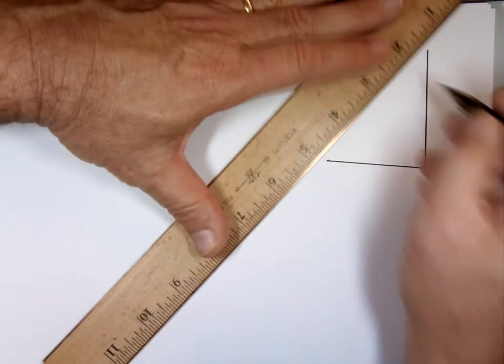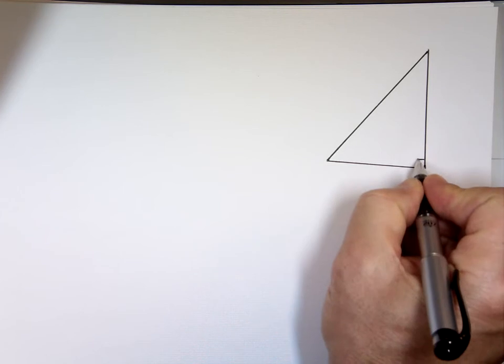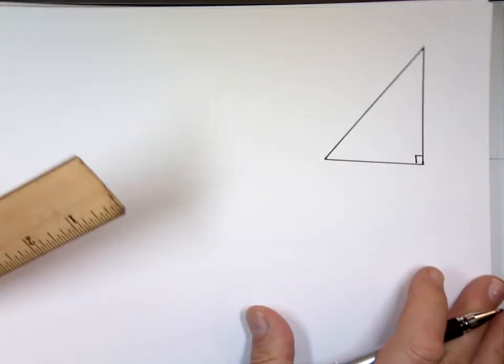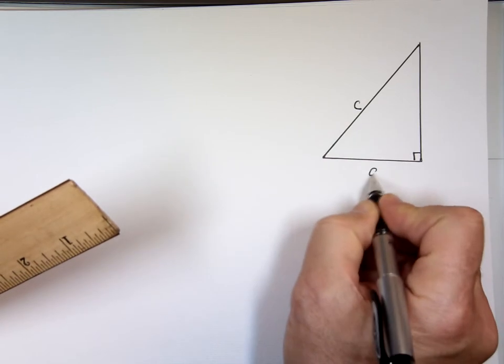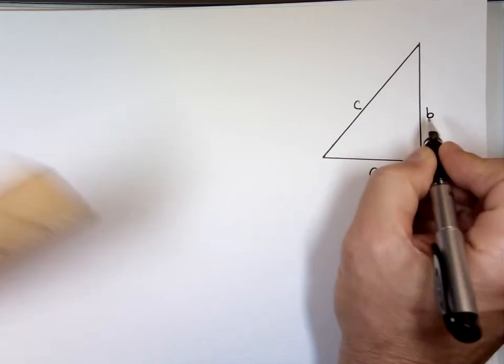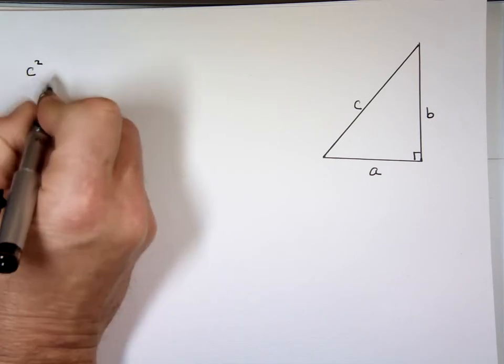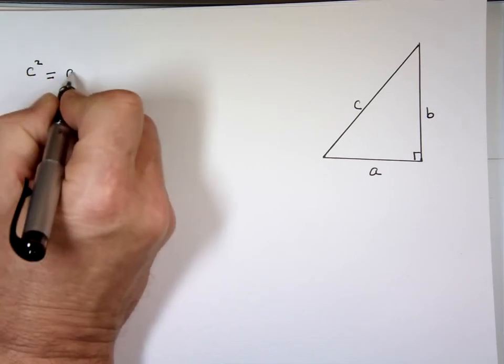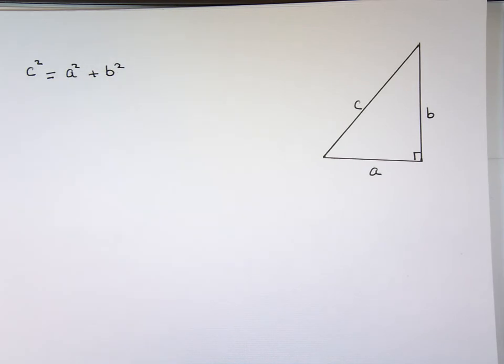That's a right triangle. This is the 90-degree angle. Let me call this side C, this side A, this side B. C squared equals A squared plus B squared. That's the Pythagorean Theorem.